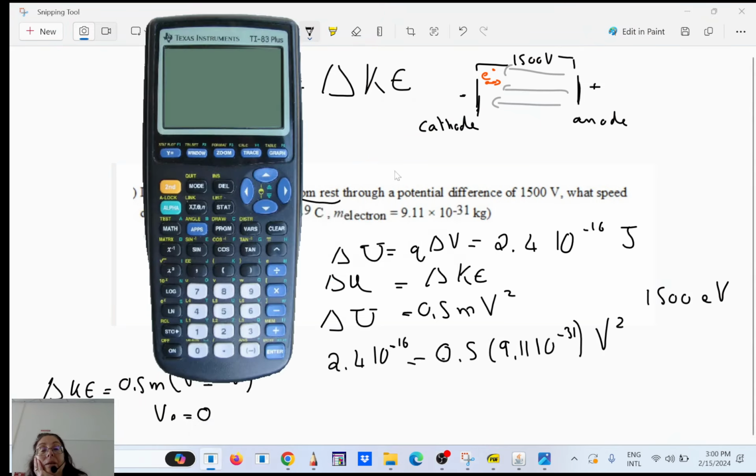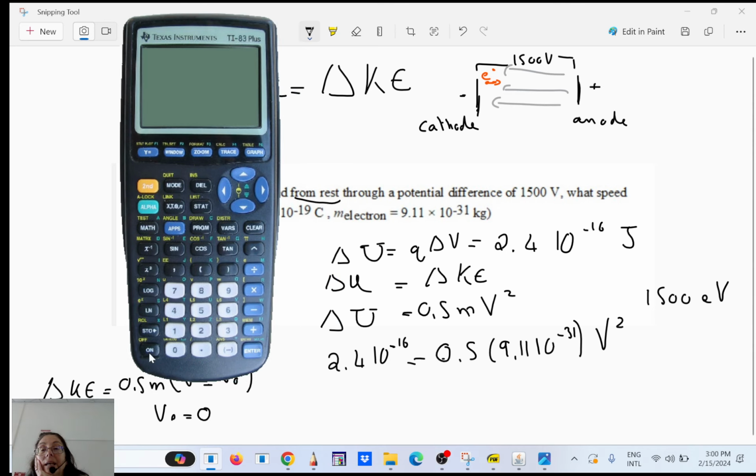And then it's the TI. So physics stops, the TI takes over. The only challenge is to know how to use the TI: 2.4 times 10 to the negative 16, close the parenthesis, enter to make sure you divide by 0.5, enter, and then you divide by, open the parenthesis, 9 times 11 times 10 to the negative 31st, close the parenthesis.